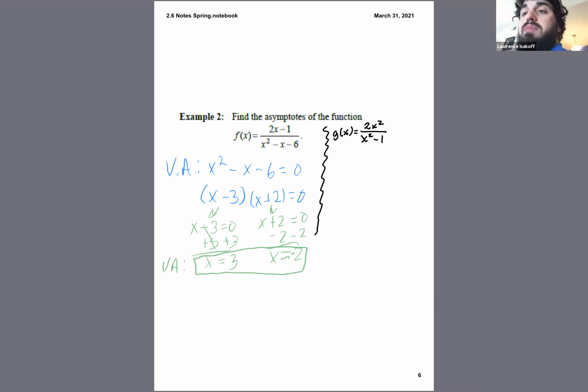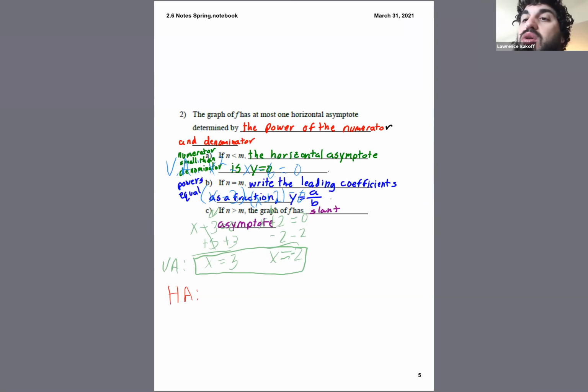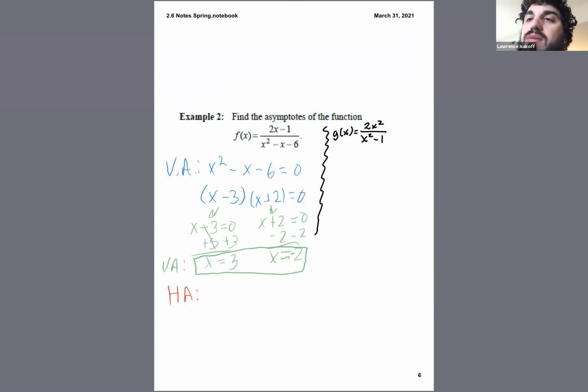Now I need to determine my horizontal asymptote. For my horizontal asymptote, I notice that I have an x and an x squared. My denominator has the higher power. So if we refer back to the previous slide, when the denominator has the higher power, so the numerator is smaller than the denominator, it's just y equals 0.